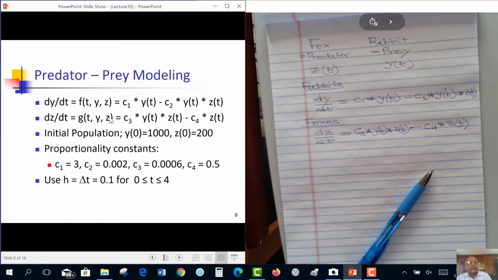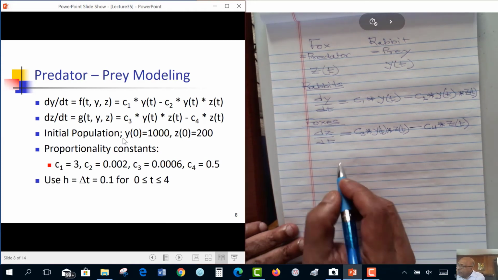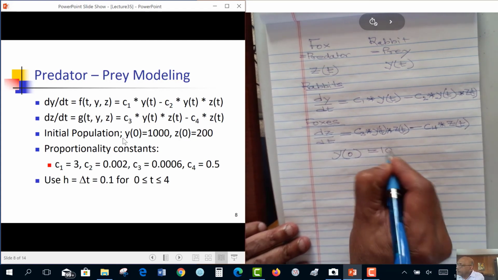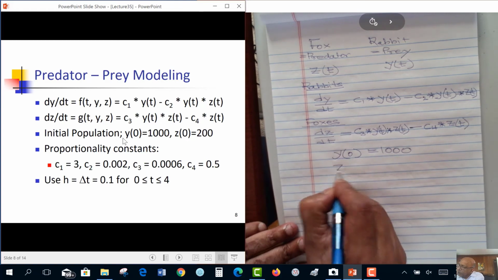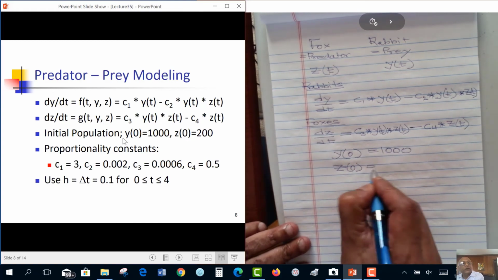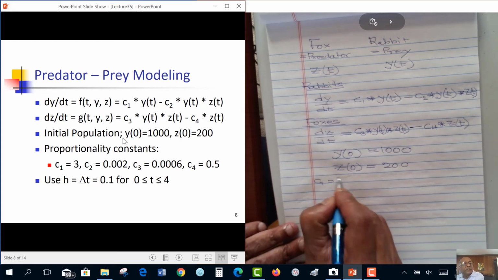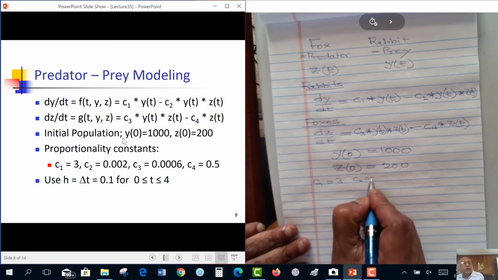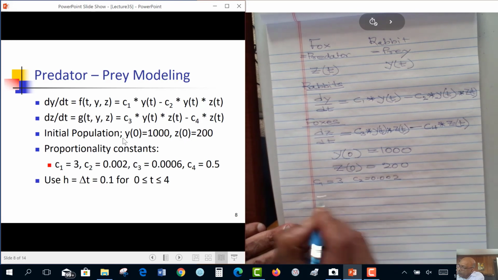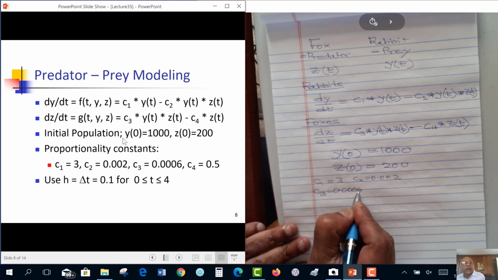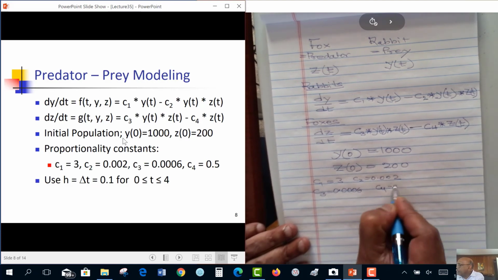And of course, these constants could be anything, but for our particular problem, we will choose our initial population of rabbits to be, say, 1,000, and initial population of foxes to be 200. And we'll use these constants: C1 is 3, C2 is 0.002, C3 is 0.0006, and C4 is 0.5.